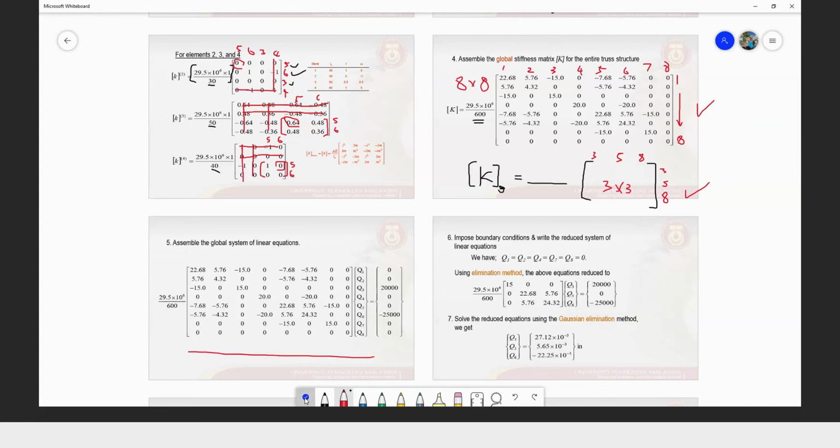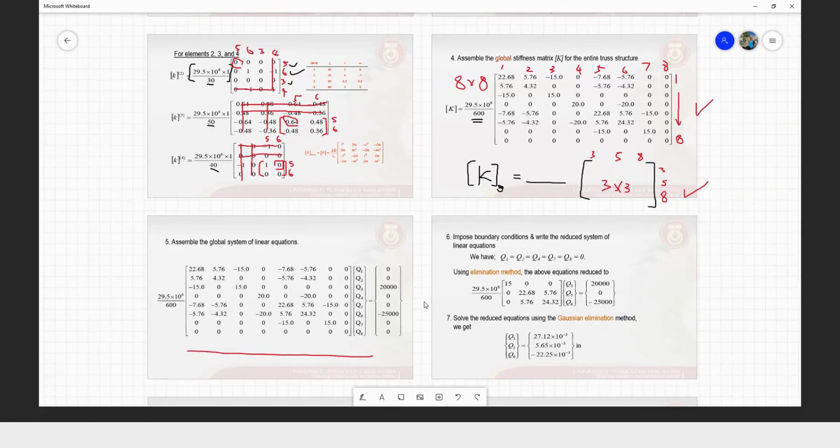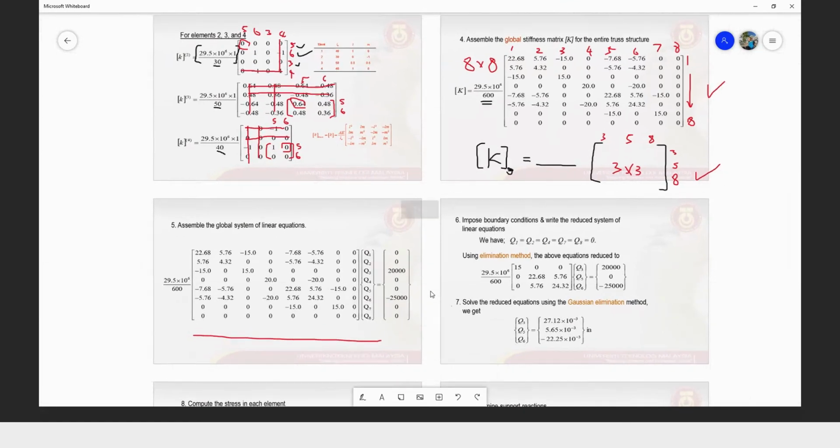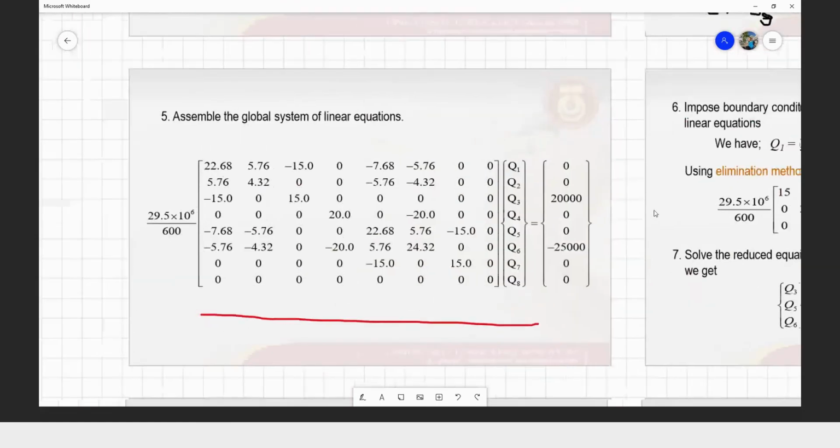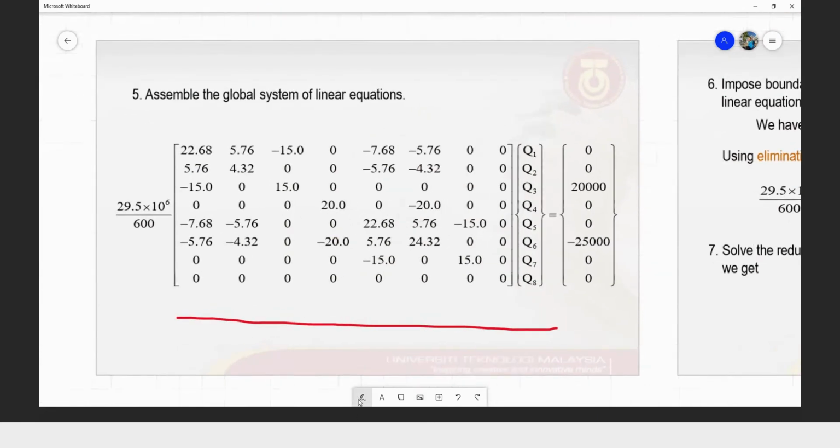Then we have to write this in the form of a system of linear equation kan. So our system of linear equation will be written as this KQ equal to F. So you will see this equation until the end of the semester.